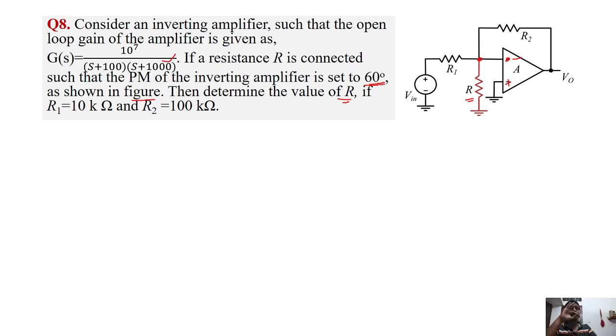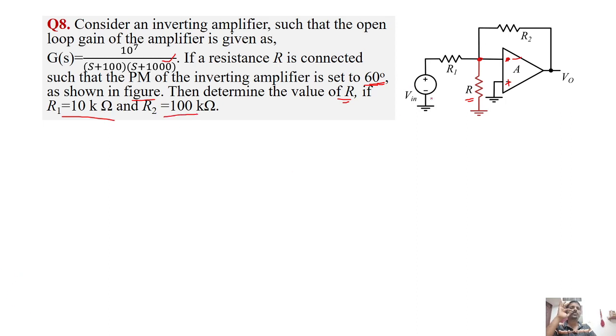So in order to change the phase margin, they have connected some resistance R. What was the value of R such that the phase margin of this feedback configuration goes to 60? Given R1 equal to 10, R2 equal to 100 and so on. So we'll find that.